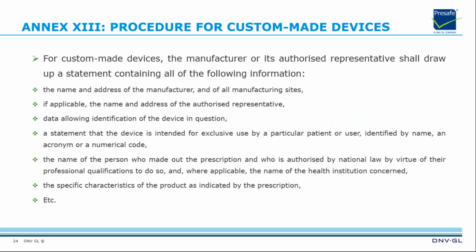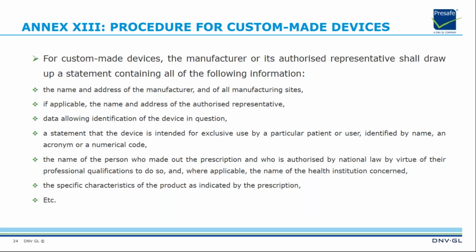Annex 13 is about procedure for custom-made devices. In this annex, for custom-made devices, the manufacturer or its authorized representative shall draw up a statement containing all of the following information: the name and address of the manufacturer and of all manufacturing sites.